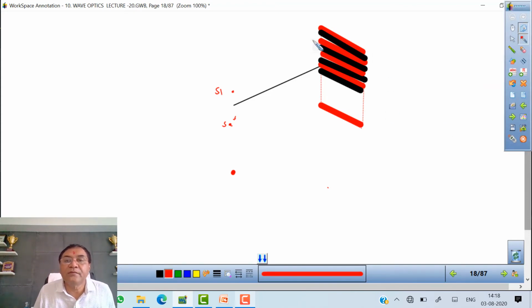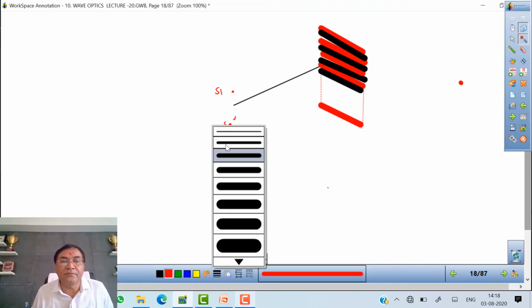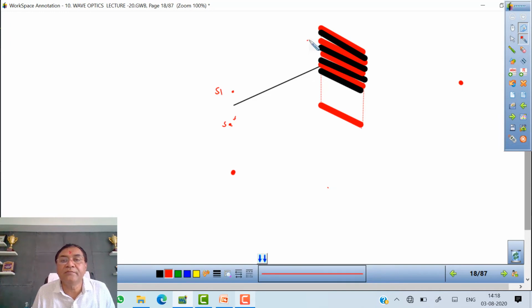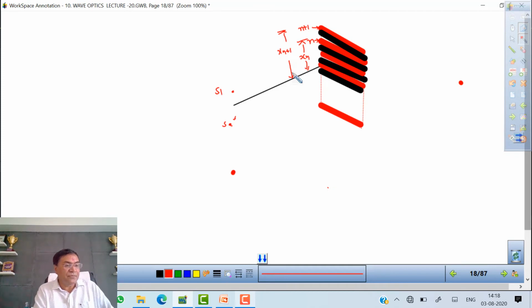Suppose this is the nth number bright fringe, and then it is n plus 1. So this distance, if you take, this is xn on the screen, and this distance we can say xn plus 1. સમજમાં આવ્યું? સેન્ટરને હું લઈ લઉં છું. આ સેન્ટરથી n નંબરની અને n પ્લસ 1 નું ડિસ્ટન્સ, અને એની બે વચ્ચેનું ડિસ્ટન્સ મારે જોઈએ છે.